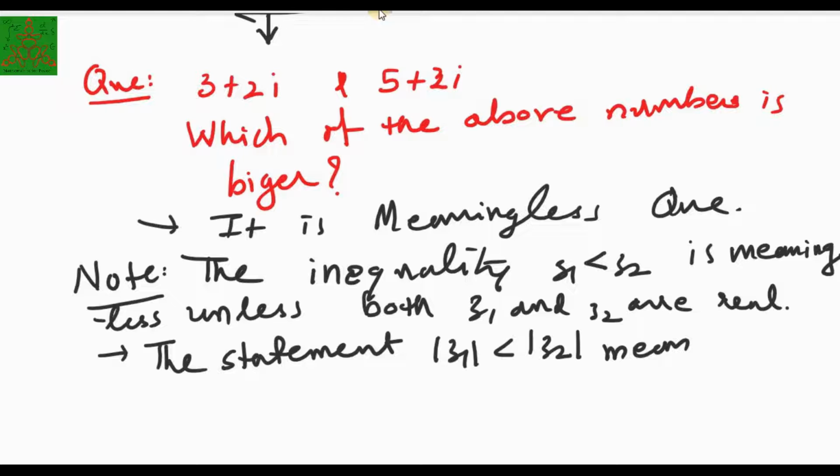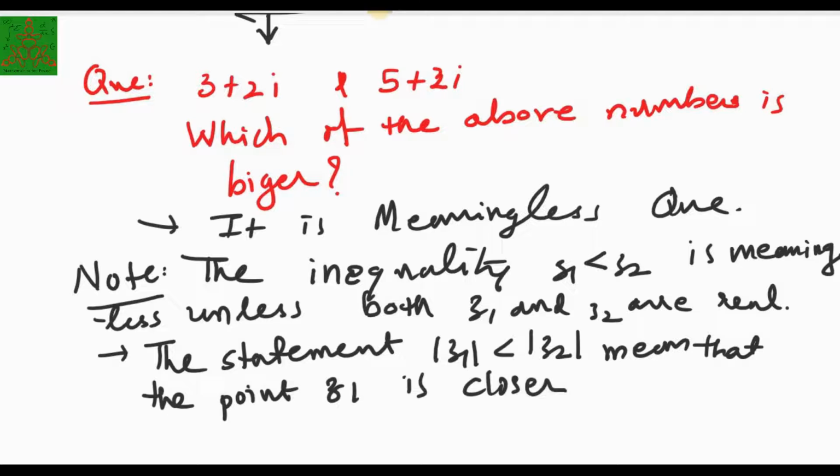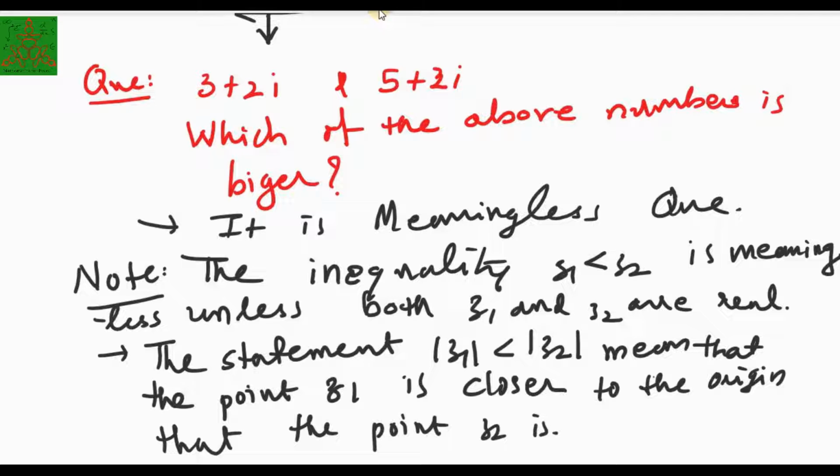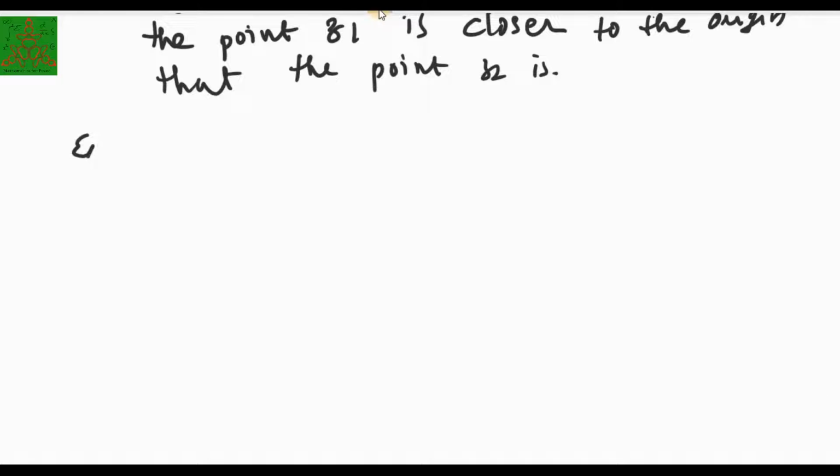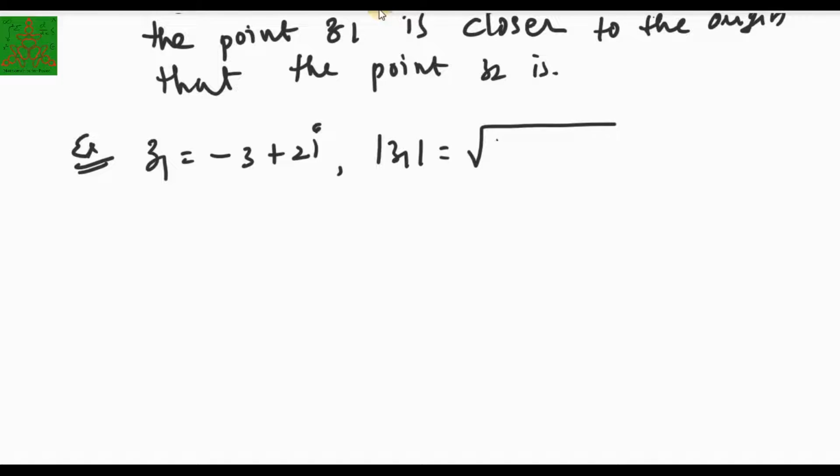It means that the point z1 is closer to the origin than the point z2 is. Let us take an example. If I consider z1 as minus 3 plus 2i, then mod z1 will be the square root of minus 3 squared plus 2 squared, that is 9 plus 4, the square root of 13.